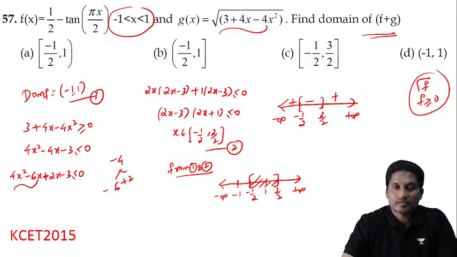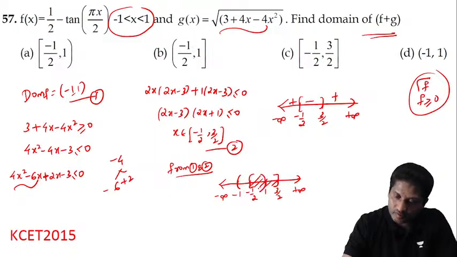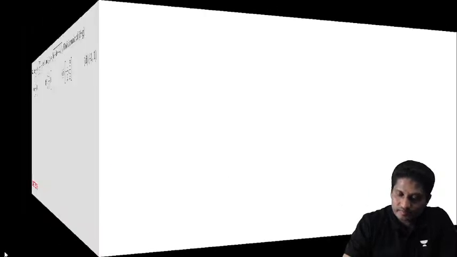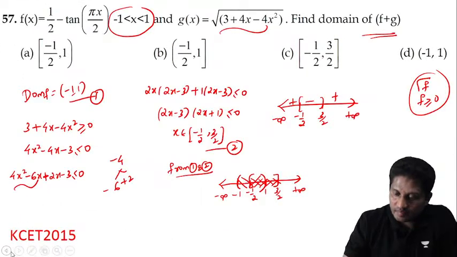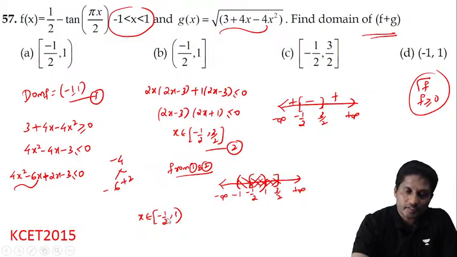Yes. Okay, and then open interval minus 1 and plus 1, equation 1. I get the common part, x belongs to close interval minus half, open interval 1. Okay, answer will be option A only.